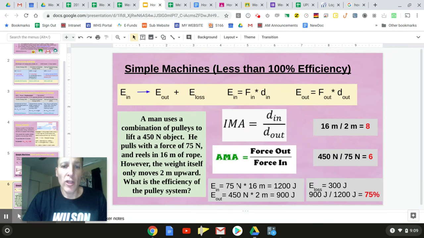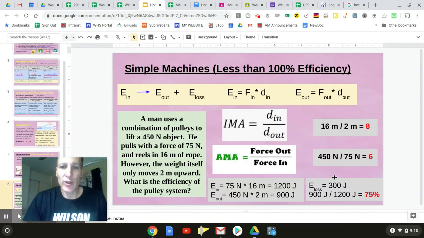If we run through and calculate the energy put into the system, right, we have the input force and the input distance multiplied. We put in 1200 joules of work. However, the energy out of the pulley system is only 900 joules.